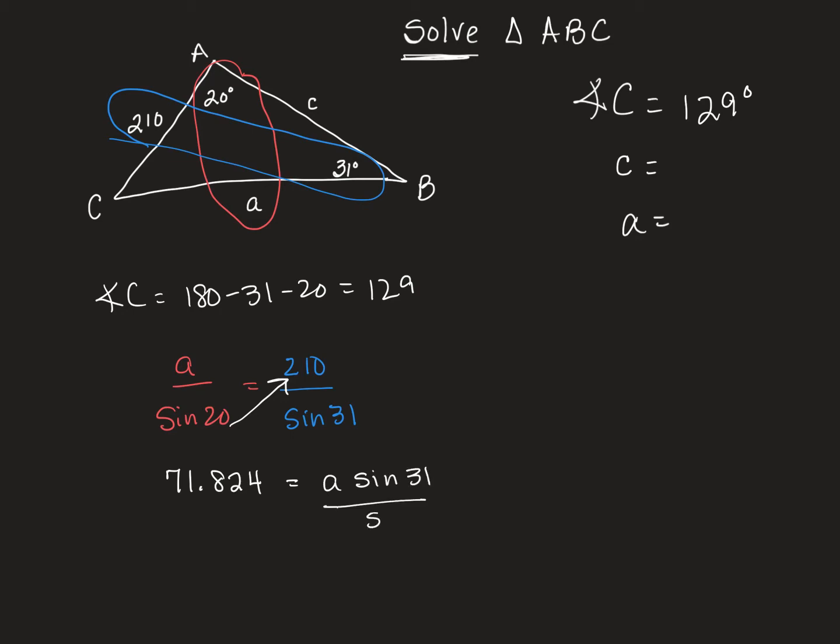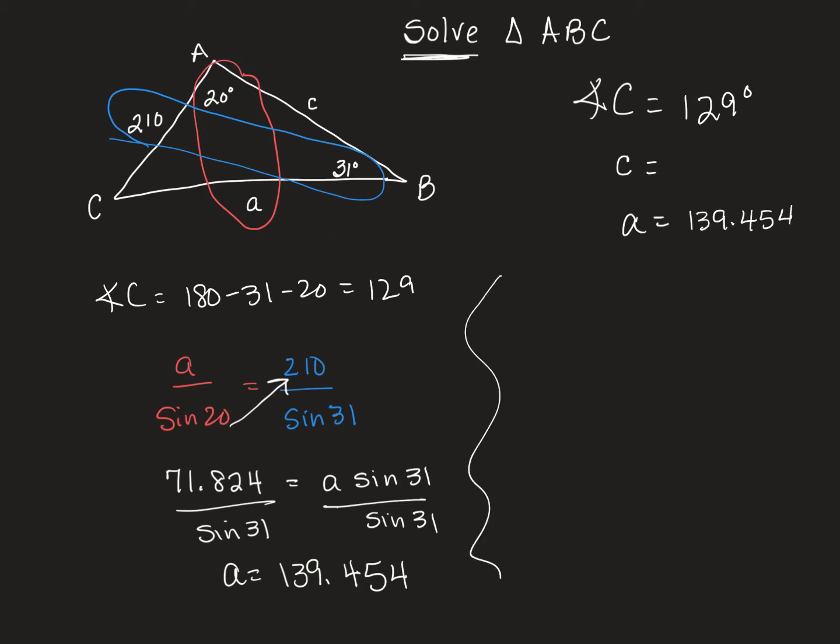I'm going to divide both sides by the sine of 31. So we're going to take that amount, divide it by sine of 31, close your parenthesis, and A is equal to 139.454. So that works for me.